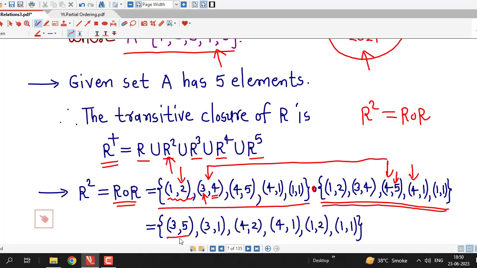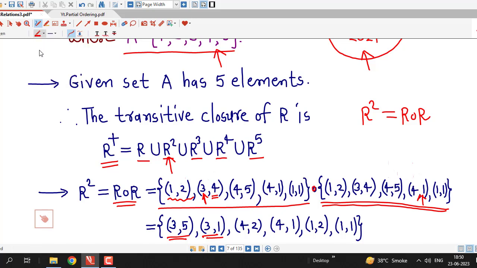So we have 3, 5 in R2. Similarly, if we combine 3, 4 belongs to R and 4, 1 belongs to R, we have ordered pair 3, 1 in the composition. So we have done our work for the second ordered pair. Similarly, we have to check each and every ordered pair of the first relation.